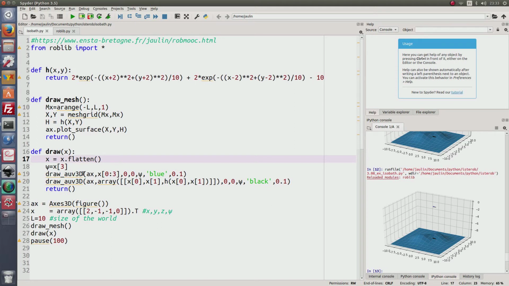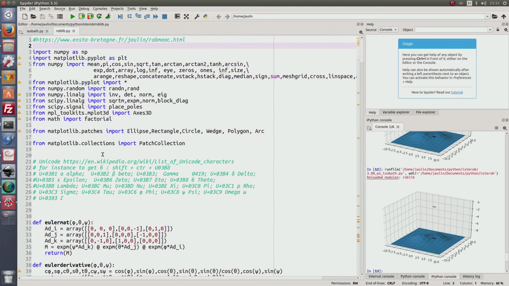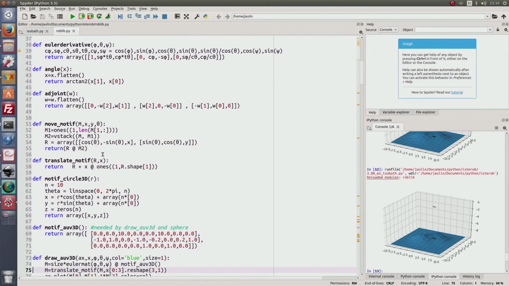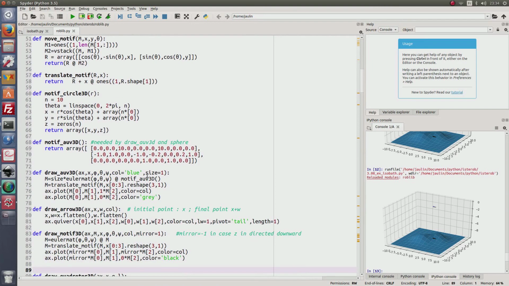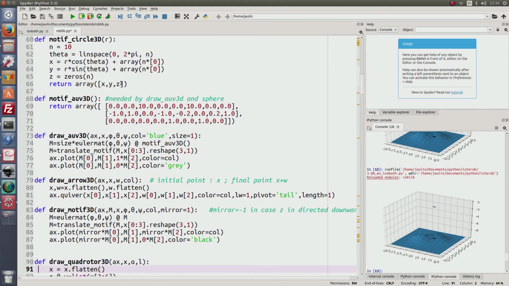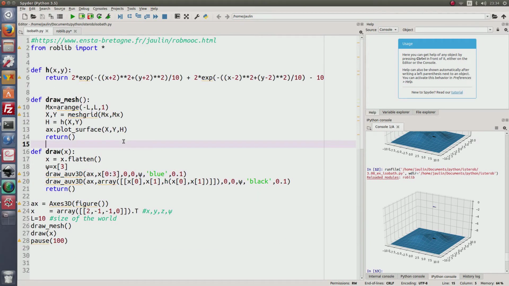All these functions to draw the AUV are given in roblib, which contains all we use here. The function draw AUV is here. So we use draw AUV twice, just to draw the blue one and the black one corresponding to the shadow.